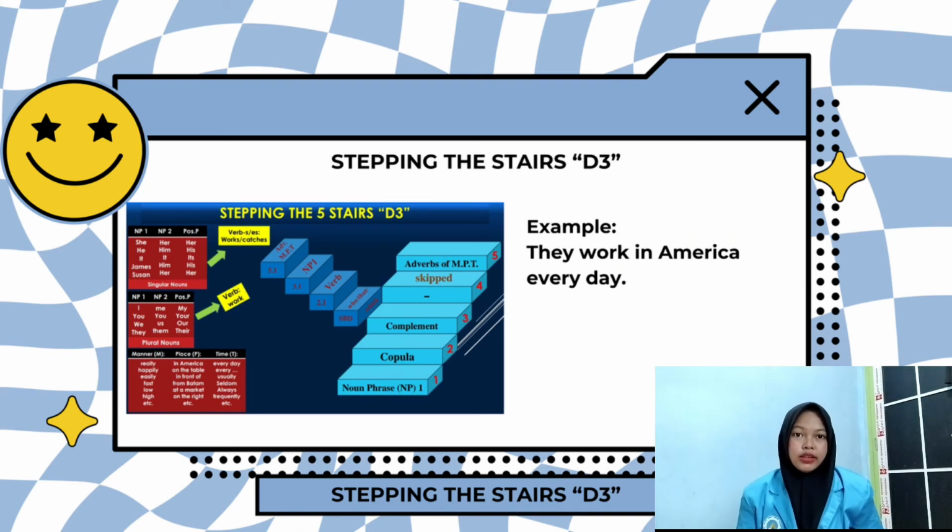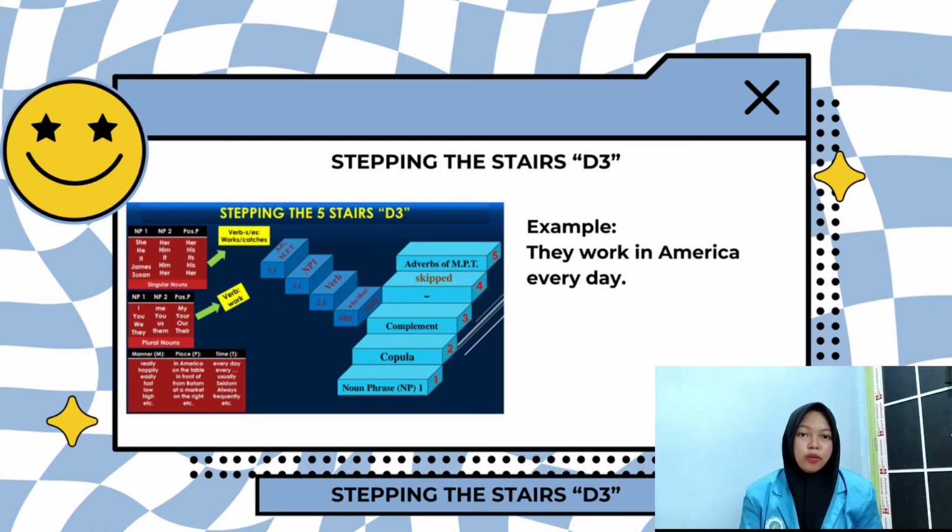This is the subject, like I, they, or my brother. Two is verb. This is the action, for example, work, plays, or studies. But if the subject is singular, don't forget to add s or es to the verb. For example, he plays or she catches.